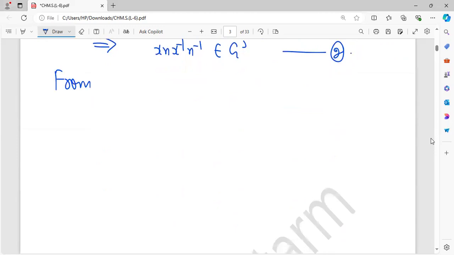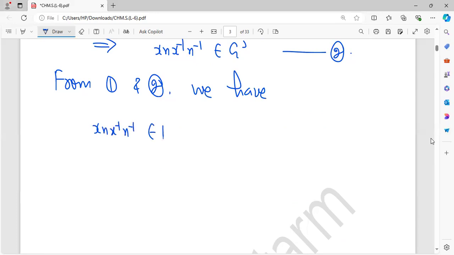From 1 and 2, we have x n x inverse n inverse belongs to N, and x n x inverse n inverse belongs to G dash.